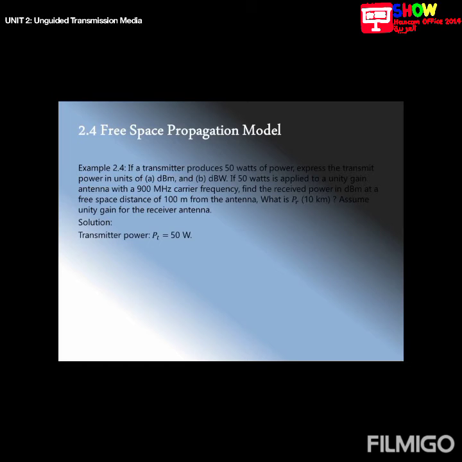We have a solution. Transmitter power is given, Pt equals 50 watts, and the carrier frequency is 900 MHz. Then Pt in dBm equals 10 log of Pt in milliwatts over 1 milliwatt, which means 10 log of 50 times 10 to the power of 3, since the watts become milliwatts. This gives 47.0 dBm.